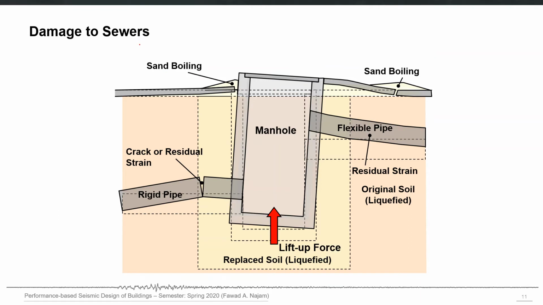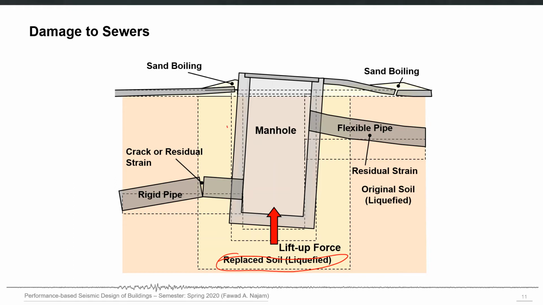Another example is damage to sewers. Here you can see that if the soil is subjected to liquefaction, here you have the liquefied soil, and if, for example, you have a manhole which is empty, so due to buoyant forces it will just experience uplift forces, because the soil will behave like a liquid.